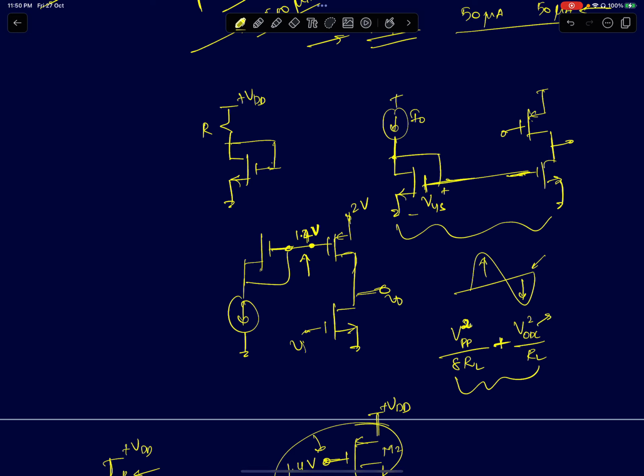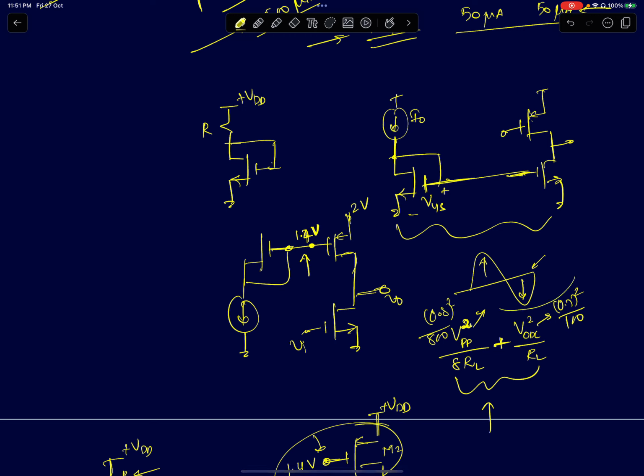VODC here is 0.7, whole squared, by 100, and V peak to peak squared is 0.8, whole squared, by 800. You can just plug in and compute those numbers. That will be the power that you're delivering to the load resistor. That will obviously be less than the power drawn from the supply. Power drawn from the supply will be VDD times I average. Some of that power goes into biasing the transistors, which is wasted power.